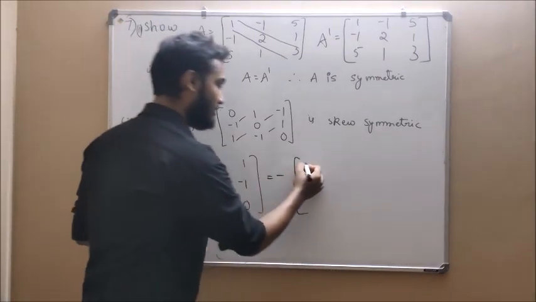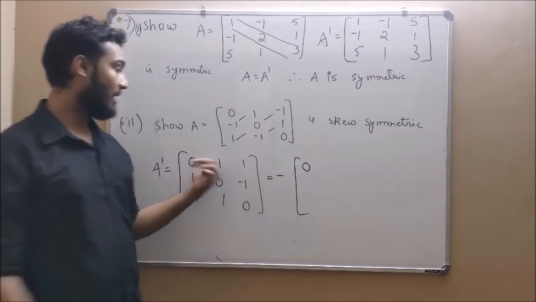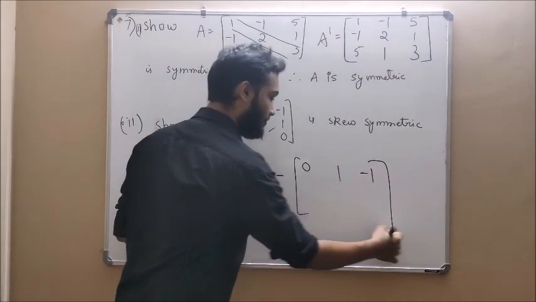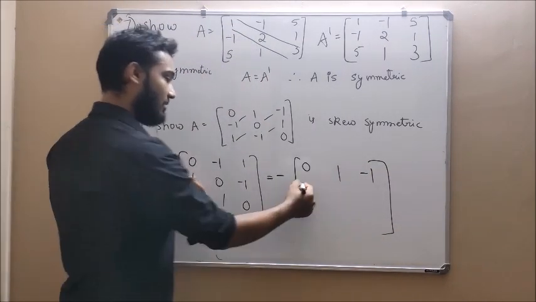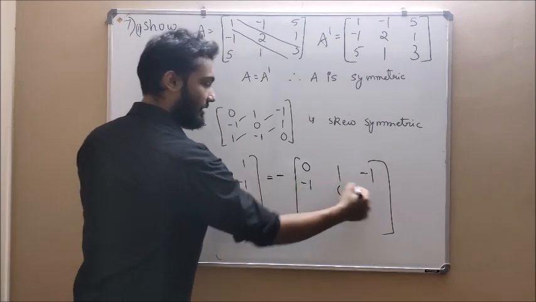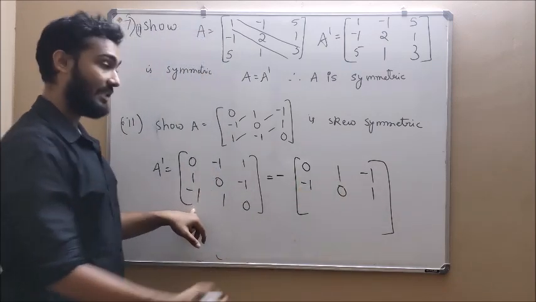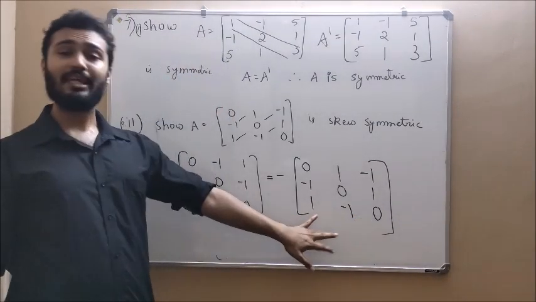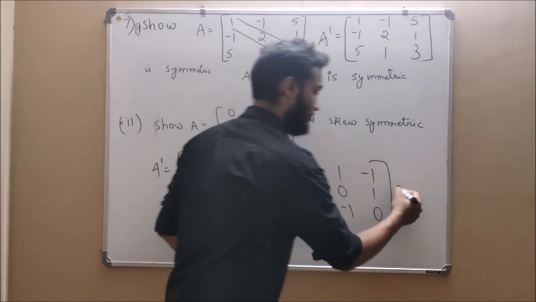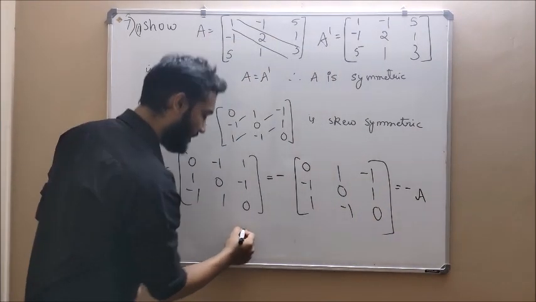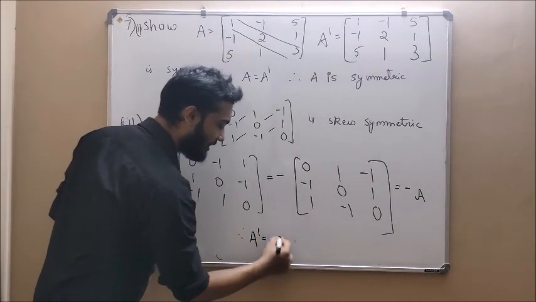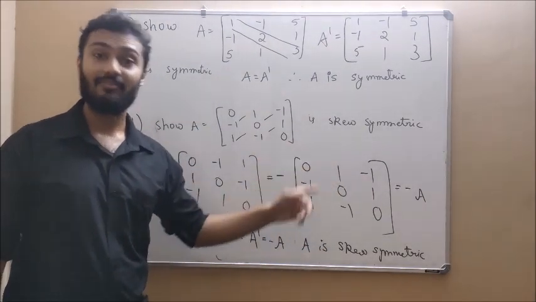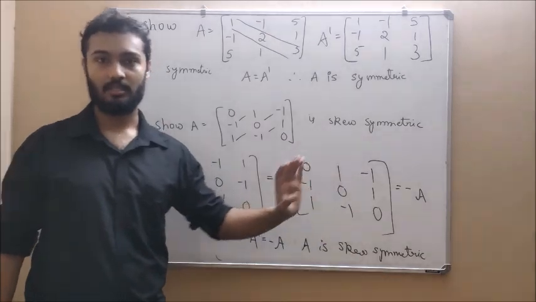So 0, no sign, minus 1, 1 sign changes, minus 1, 0, 1, 1, minus 1. So this matrix is same as A. So A dash equal to minus A, therefore A is Skew-Symmetric.